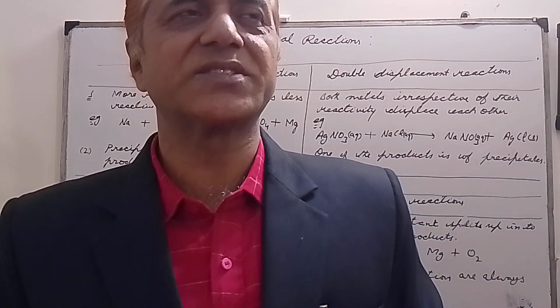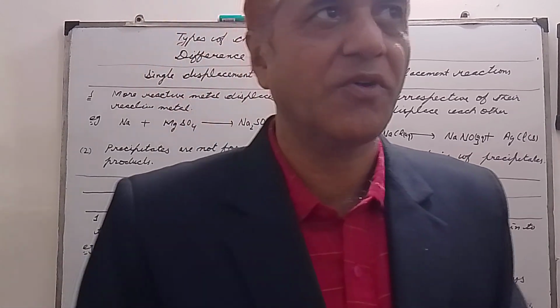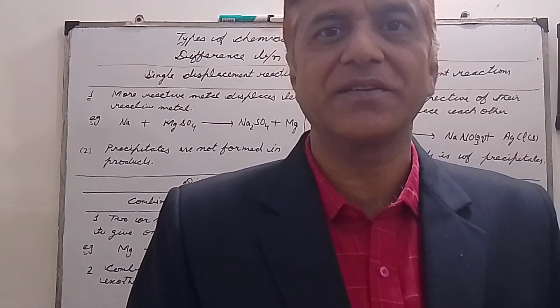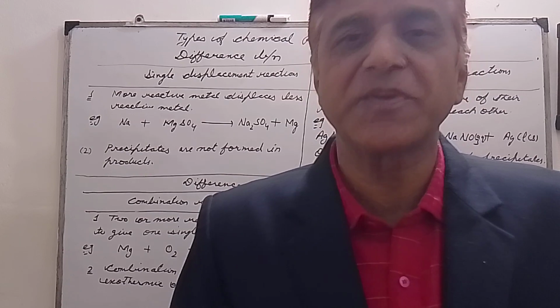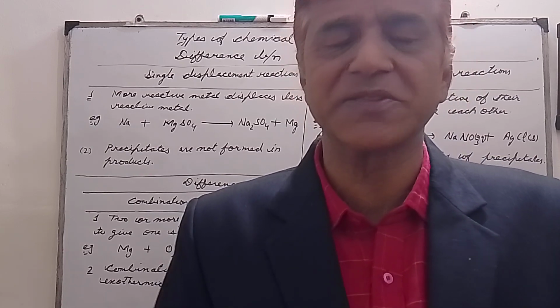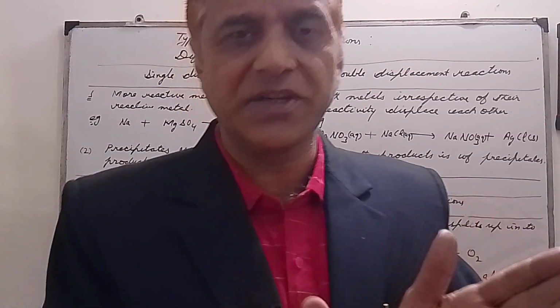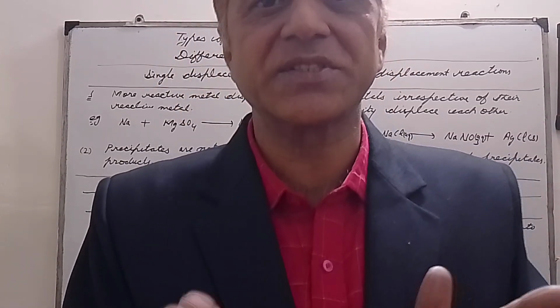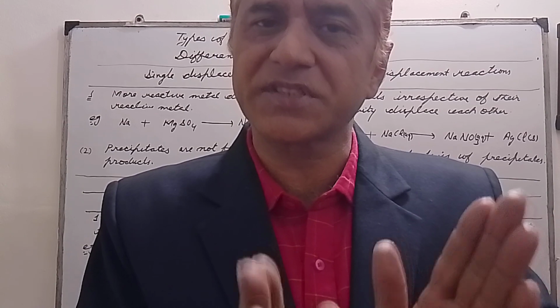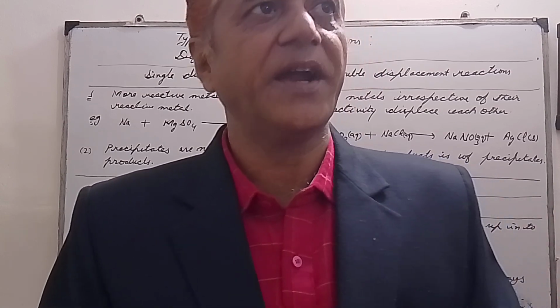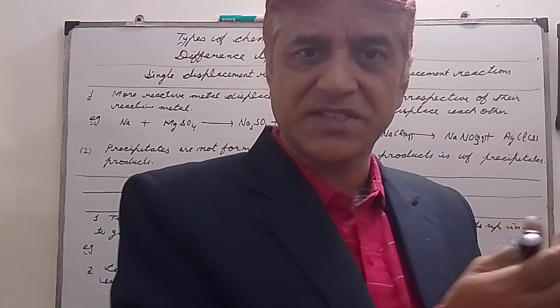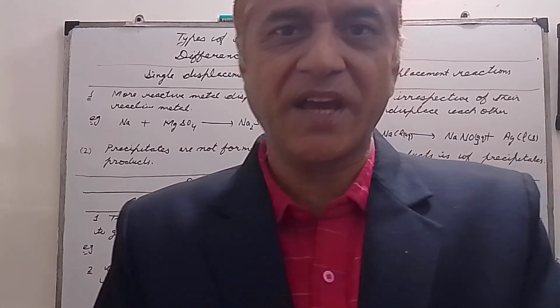So my dear students, if you observe any double displacement reaction, then you will observe that either both the reactants are salts, meaning ionic compounds, or one is a salt and one is an acid.